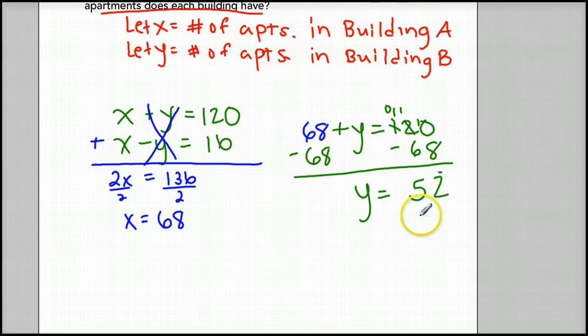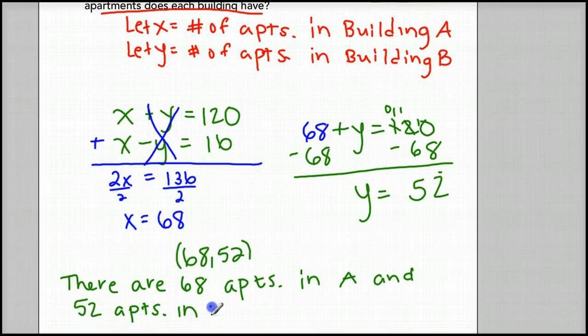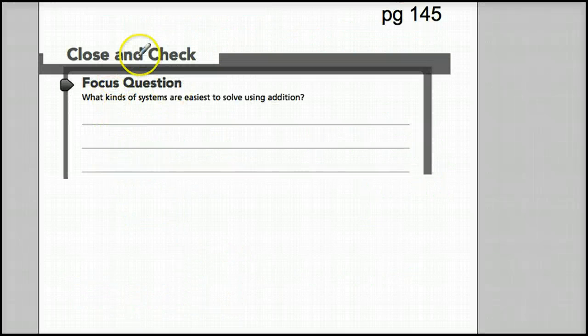So that means there's 52 apartments in building B and 68 apartments in building A. And how do we write that as an ordered pair? (68, 52). And of course, since this is a word problem, we need to answer in a complete sentence. There are 68 apartments in A and 52 apartments in B. Okay, so now we're going to do the close on page 145.